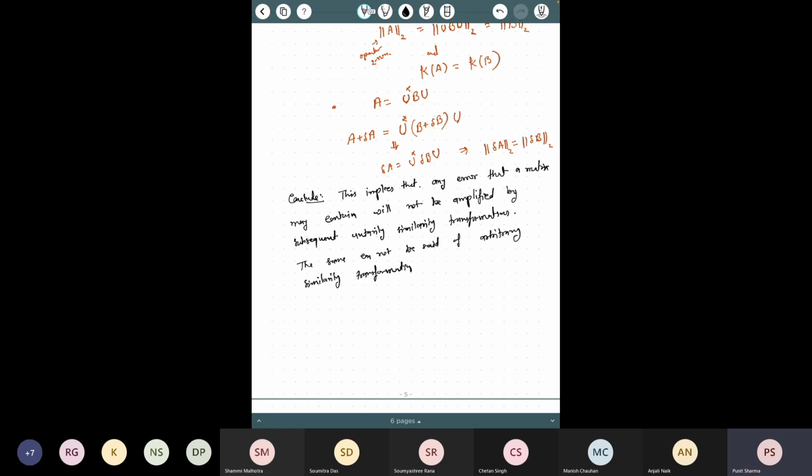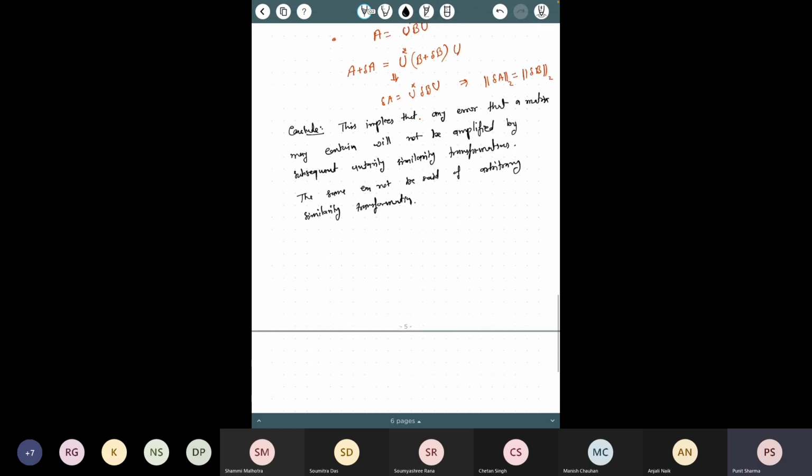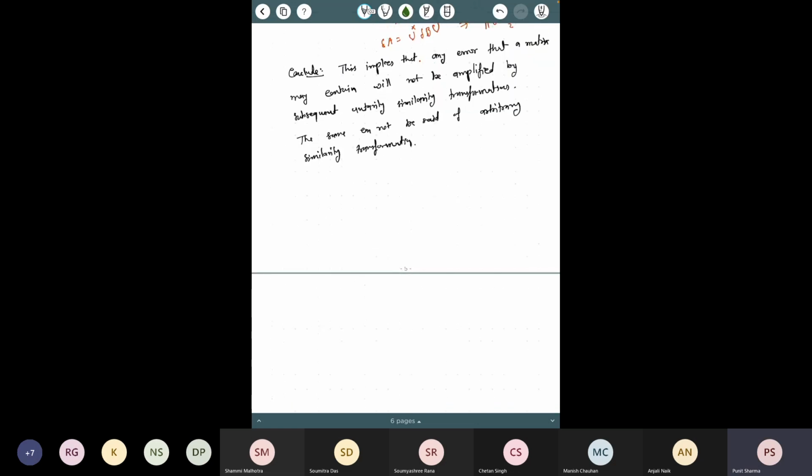Why is that? So let us look at this example. Just to convince you more on this, let's look at this 2 by 2 example where S is this matrix, where alpha is some real parameter, and you consider your matrix A as 2001.